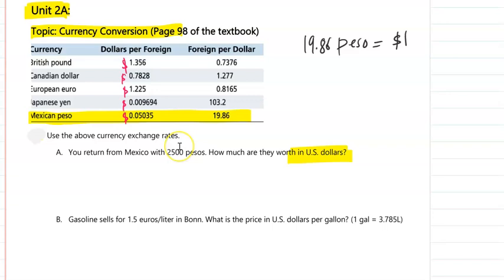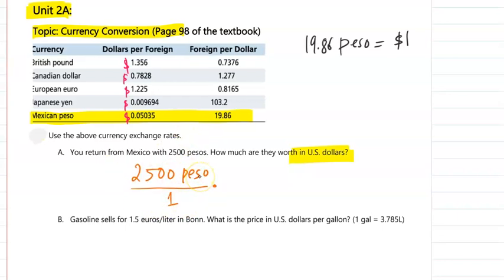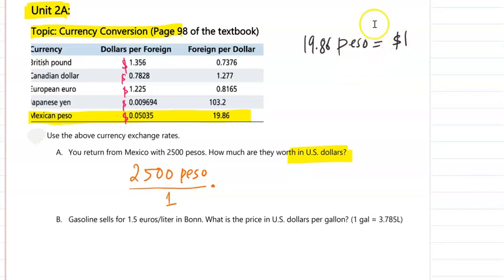So if you want to change 2500 peso to the dollar, now you start by writing 2500 peso. You can put it over 1 if you like, because dividing by 1 doesn't make a difference, and multiply by the fraction. Notice that you get two fractions from here. What are the two fractions you get? You get 19.86 peso divided by $1, and the other one is $1 divided by 19.86 peso.